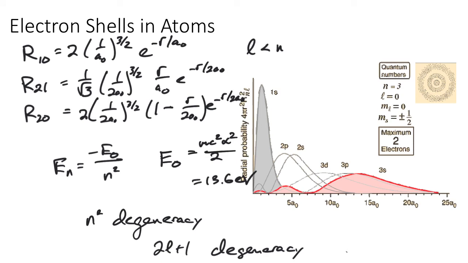But the extra degeneracy to go from 2l plus 1 to n squared is due to an accidental degeneracy only with the Coulomb potential.